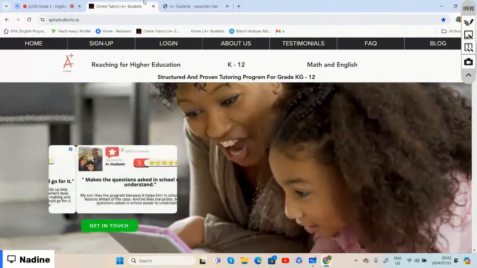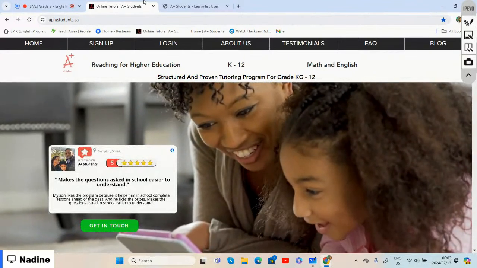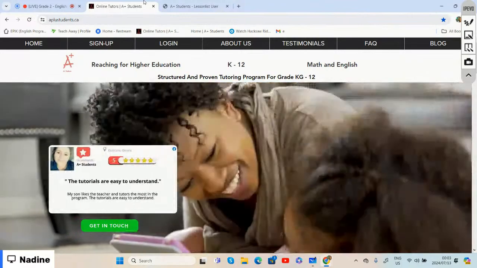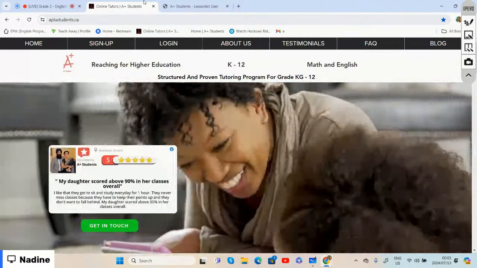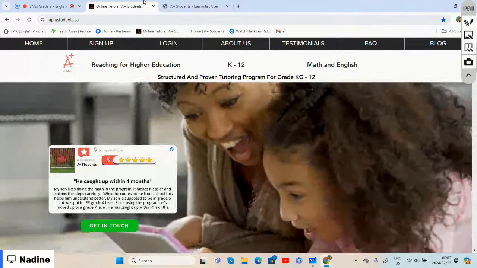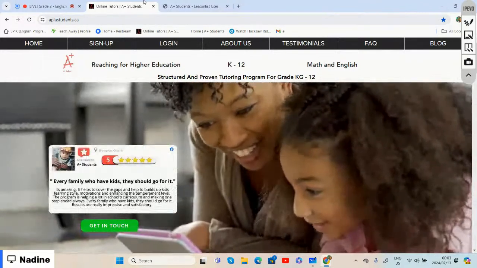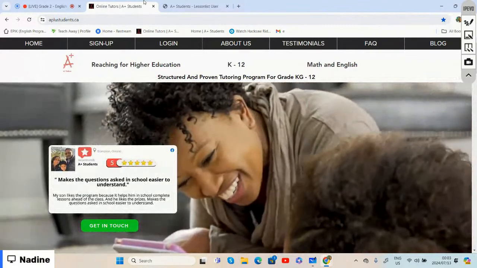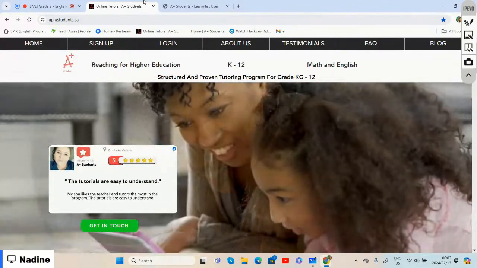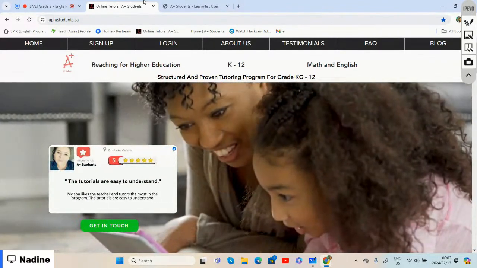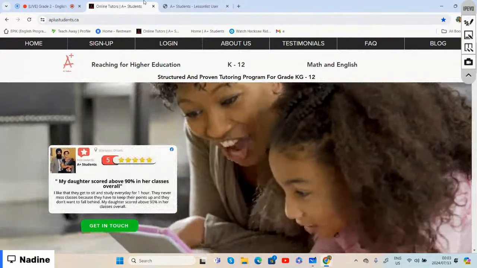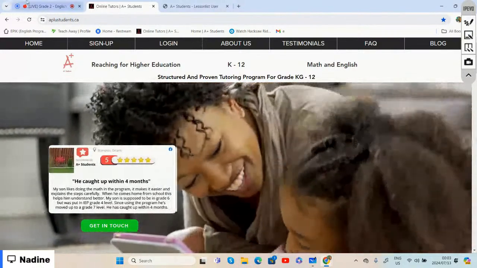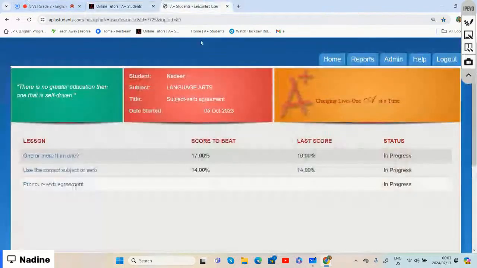Once we've logged on with our username as well as our password, we're going to select the subject of English Language Arts, grade 2. And then we're going to scroll down until we get to the chapter of subject-verb agreement.